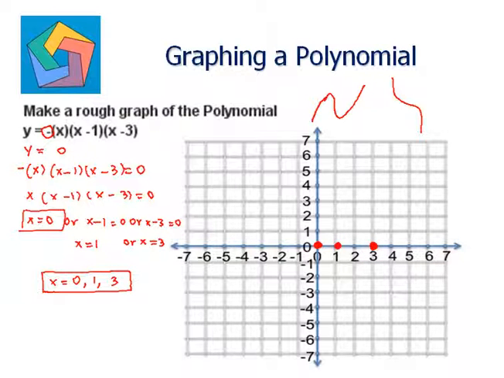Also we can determine the y-intercept here if any. For y-intercept we need to put x as 0. So if we put x as 0, we get y is equal to negative of 0 times 0 minus 1 times 0 minus 3. So 0 times anything is 0, so y is equal to 0. So this is also the y-intercept, (0, 0).